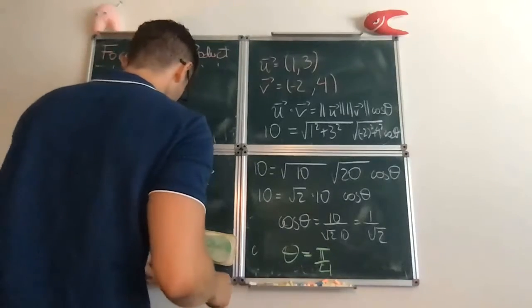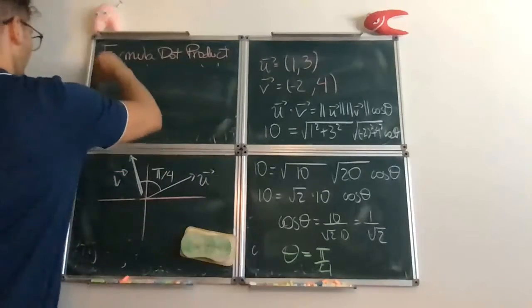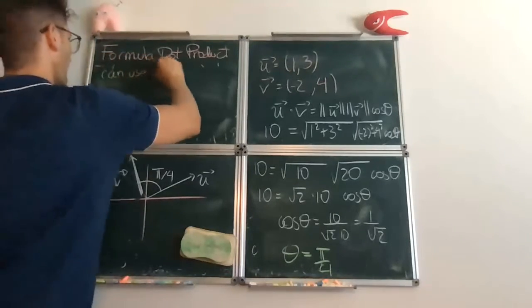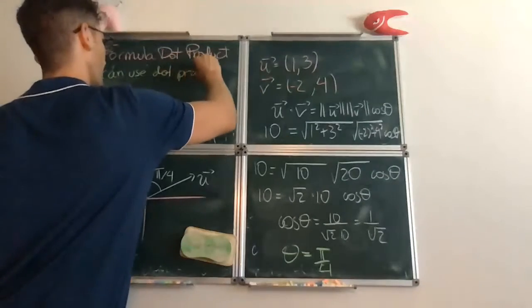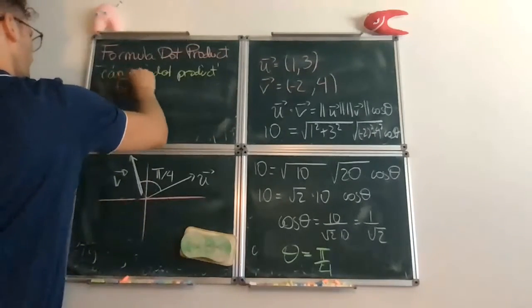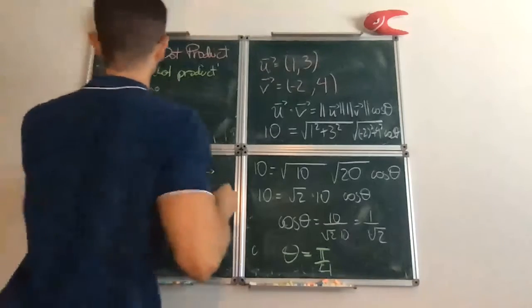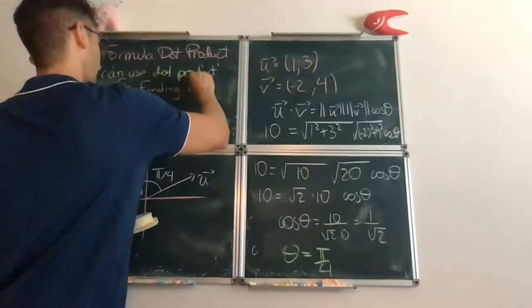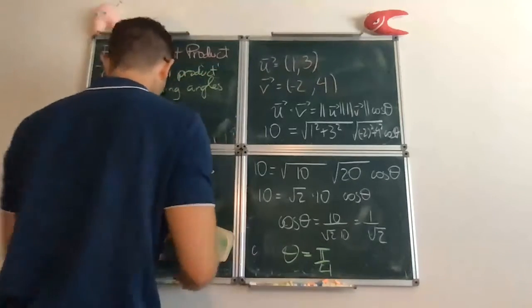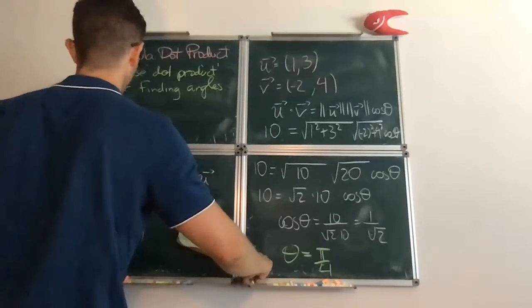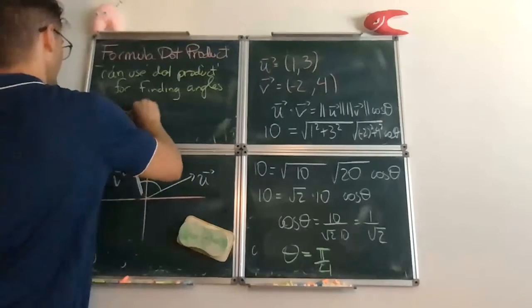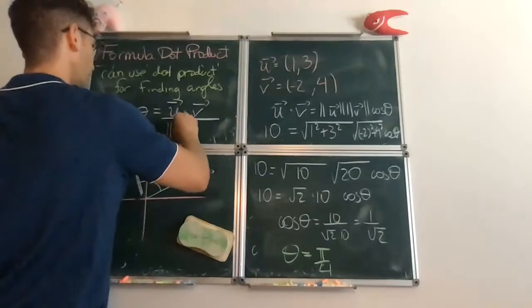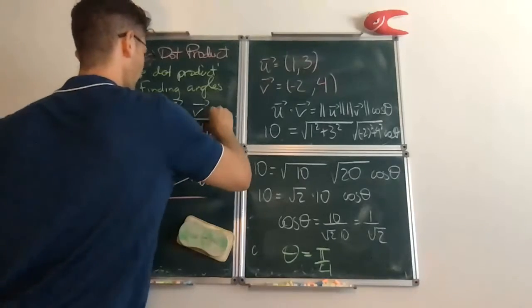So you can use the expression cosine of theta equals u dot v over norm u times norm v.